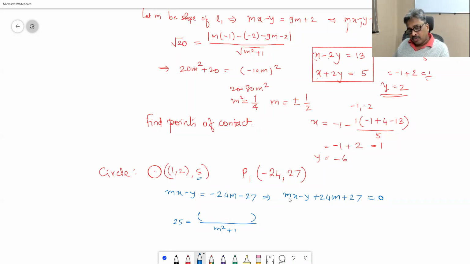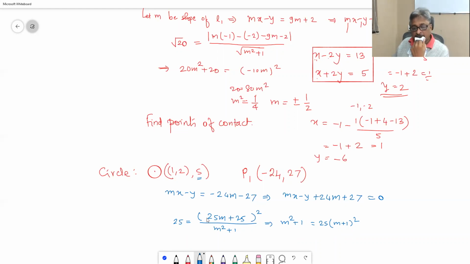So if I put x is equal to 1, I get 25m. And if I put y is equal to 2, I get 25. This is square. So maybe a little bit of simplification here. 125 will get cancelled with this, and therefore m square plus 1 is going to be equal to 25 times 25 inside bracket m plus 1 bracket square. Is that right? Cross check.